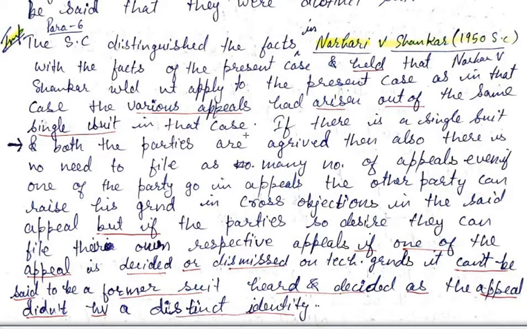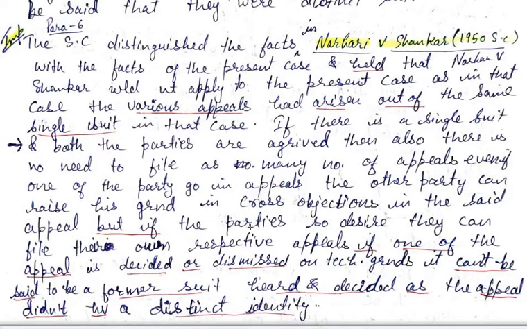In that case, if there is a single suit and both the parties are aggrieved, then also there is no need to file as many appeals. Even if one of the parties goes in appeal, the other party can raise his ground in cross objection in the said appeal.